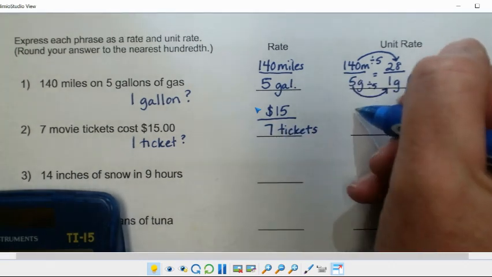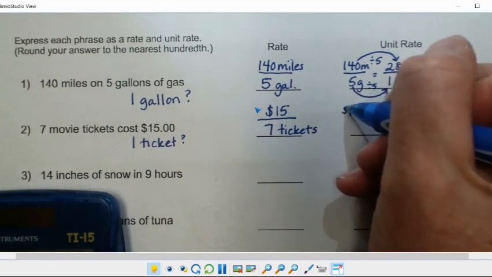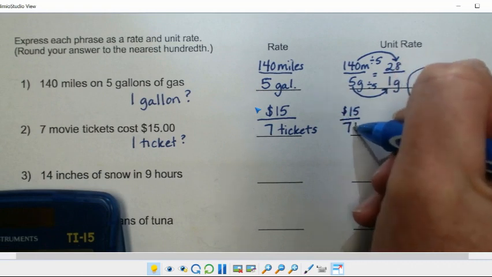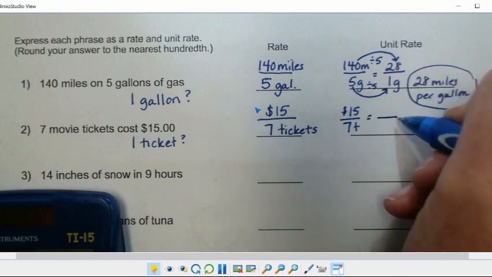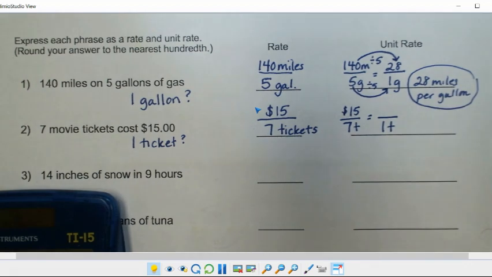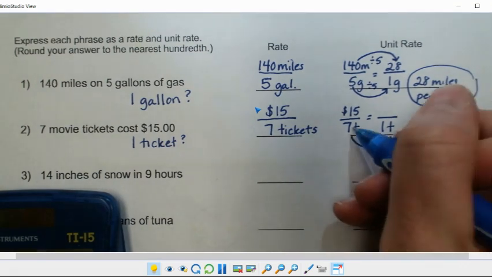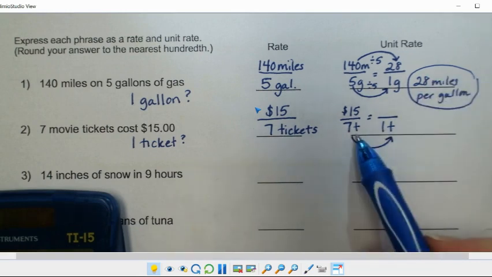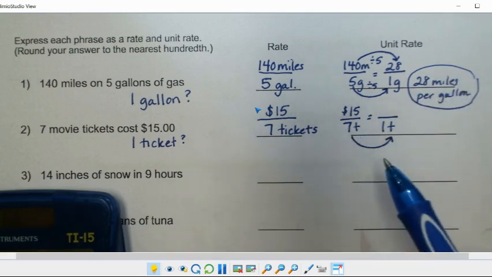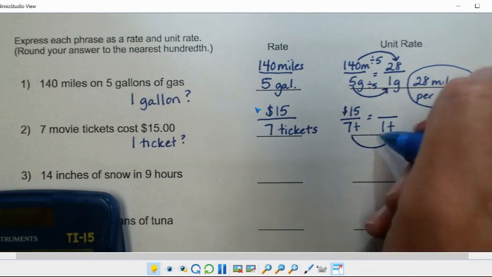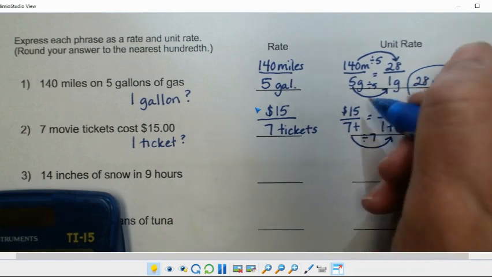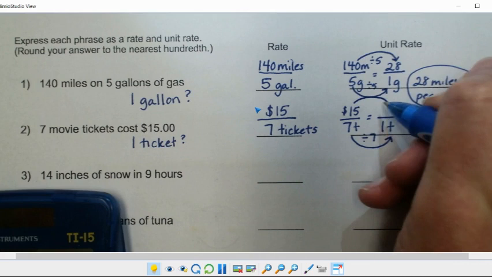So I'll use that same ratio. Make sure you label. But I want to know what 1 ticket is. So what am I going to multiply or divide by to get from 7 to 1? I'll divide by 7, and I'm going to do that on the top as well.